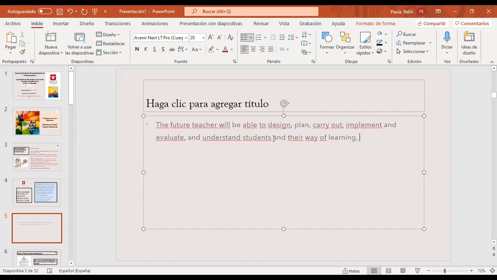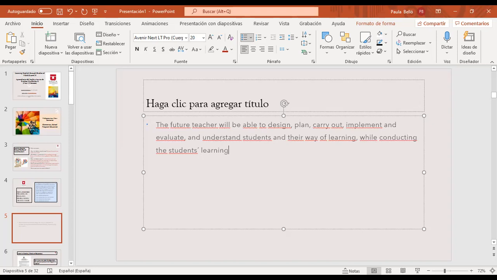Yes. In his, her, in her or his development, will be able to carry out and understand, better said, while conducting the students' learning process.